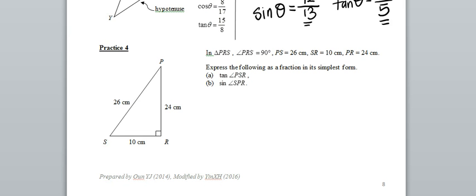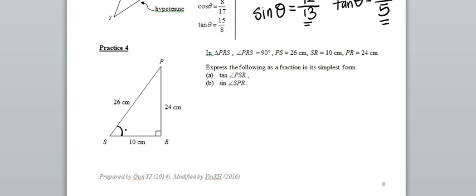Let us look at our question. Express the following as a fraction in its simplest form. First one, tangent of angle PSR. Where is the angle PSR? Let's mark the angle first. So this is angle PSR. First of all, let us label the hypotenuse.